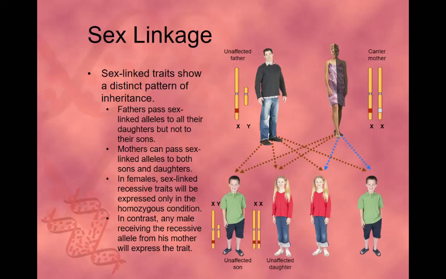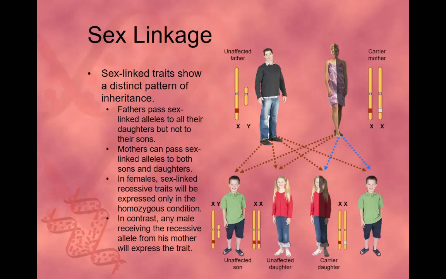Next, we're going to take a look at the other daughter. But this time, she got an affected X from mom. Okay? So affected X from mom and unaffected X from dad is going to produce, not an affected girl, but a carrier girl. So this particular daughter has the trait but doesn't show it.